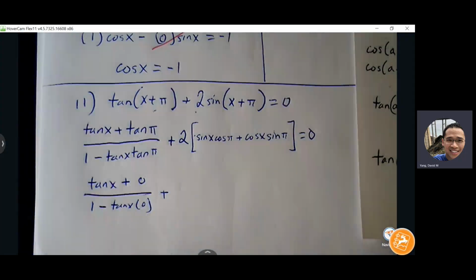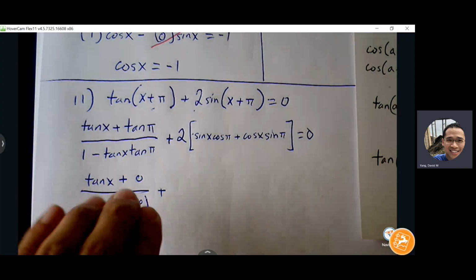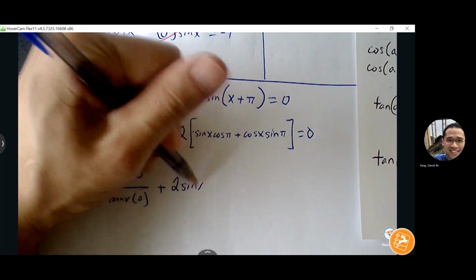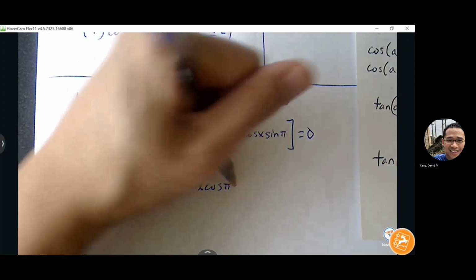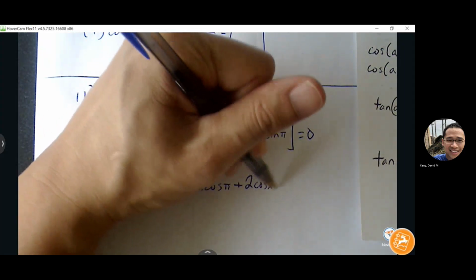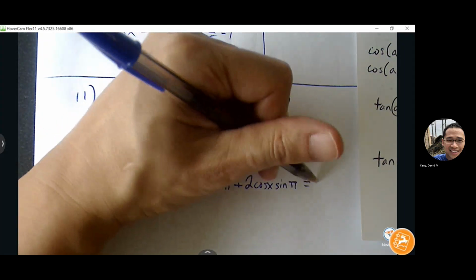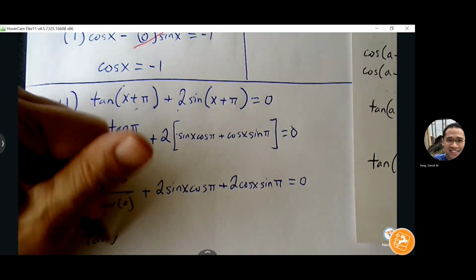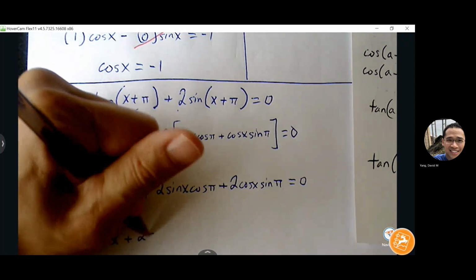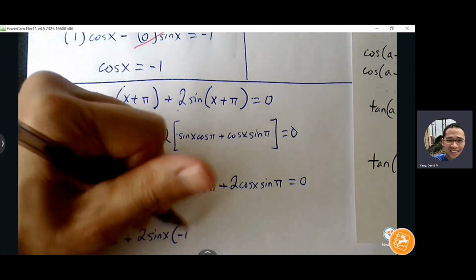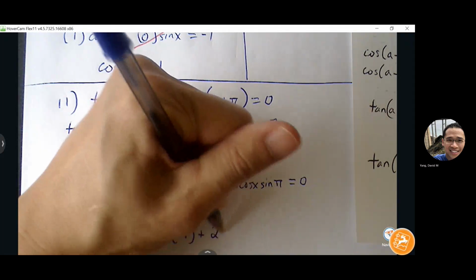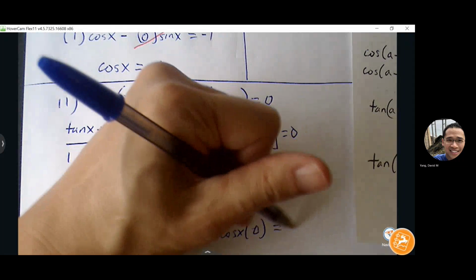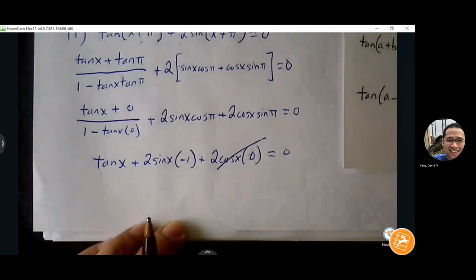That makes that denominator just go away because I'm just left with a 1, so I can just basically not have a denominator. Cosine of pi is -1. Sine of pi is what? 0. That's nice. That takes that away.